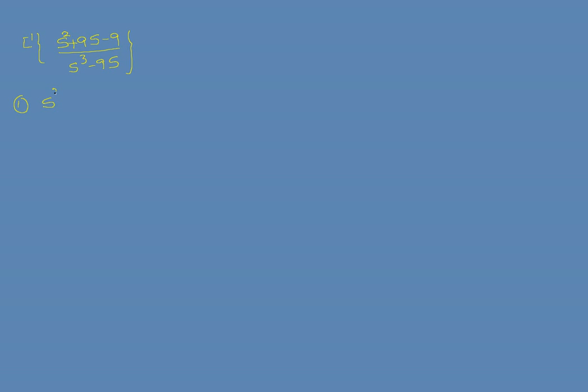If you consider the inner part, s square plus 9s minus 9 by s cube minus 9s, you can write it as s square plus 9s minus 9 by, in the denominator you take s common, therefore you are left with s square minus 9. So the denominator you have s square minus 9. Numerator also you try to get s square minus 9, s square minus 9 plus 9s, whole divided by s into s square minus 9.